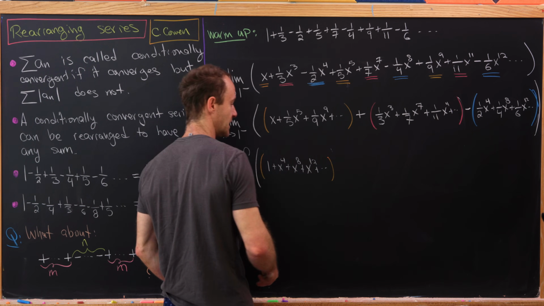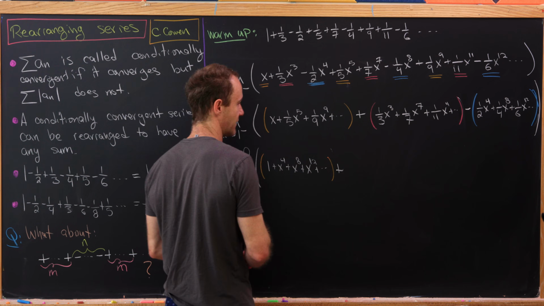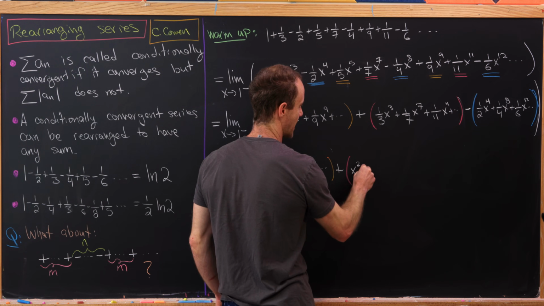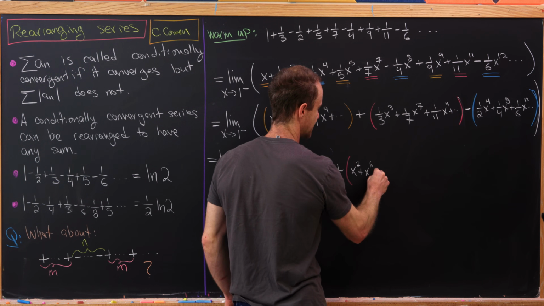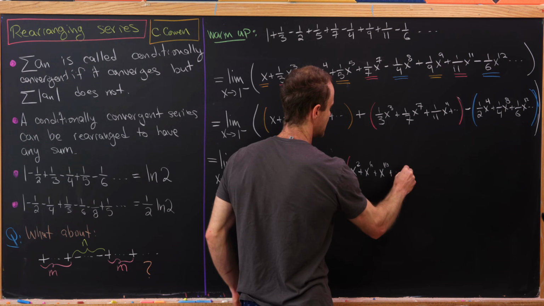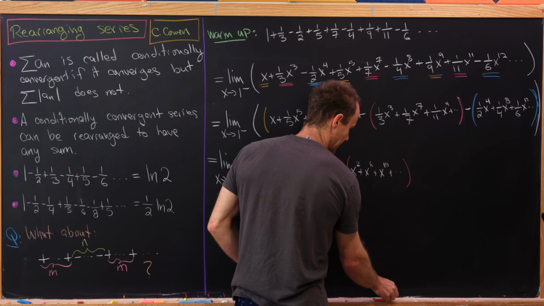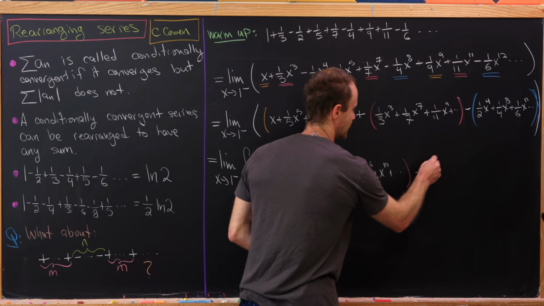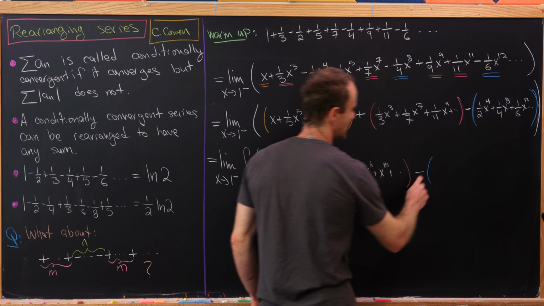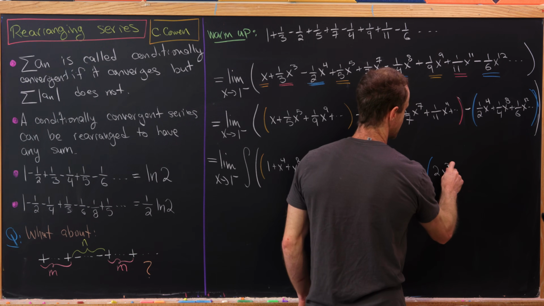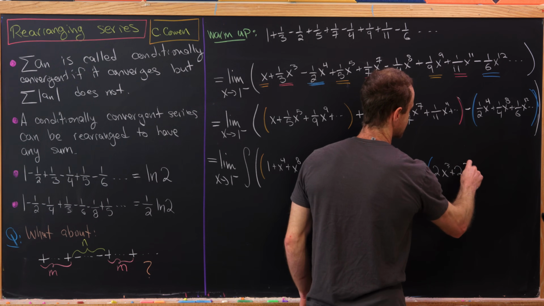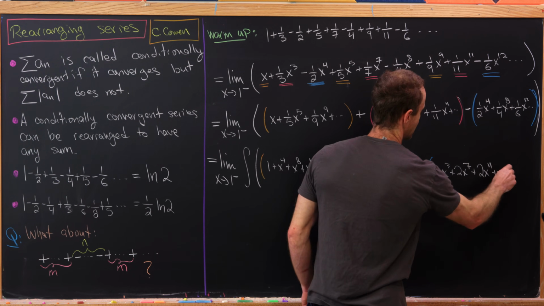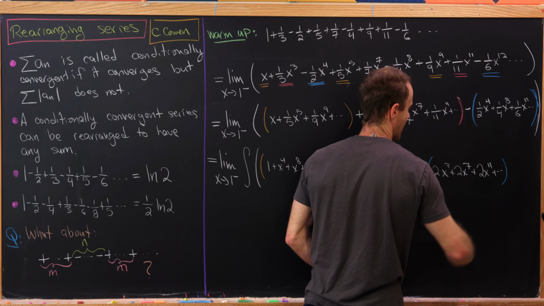Okay, good. And then plus, taking the derivative of everything in red, you'll see that we have x squared plus x to the 6th plus x to the 10th, so on and so forth. And then minus, taking the derivative of everything we have in blue, will be 2x cubed plus 2x to the 7th plus 2x to the 11th, and so on and so forth.